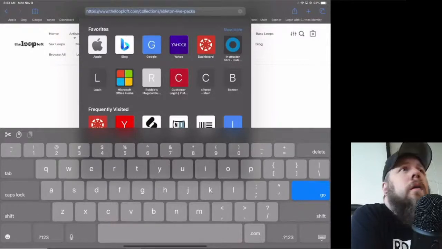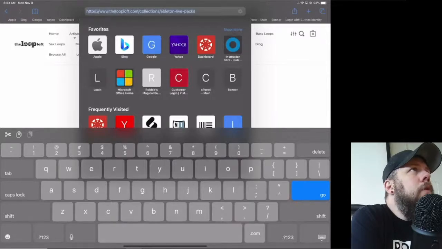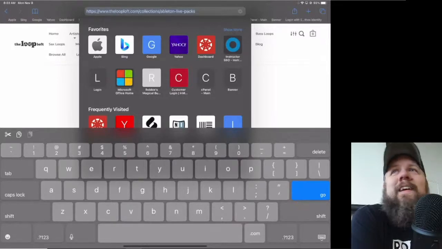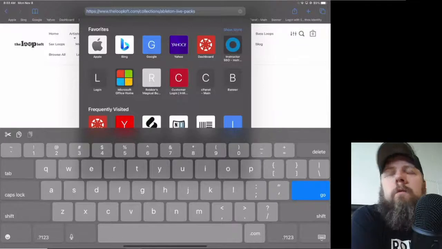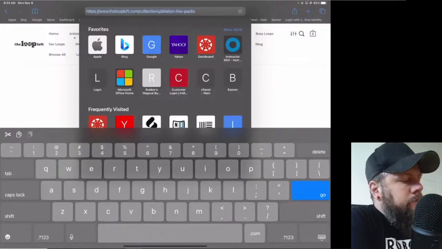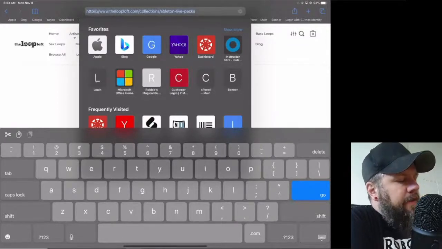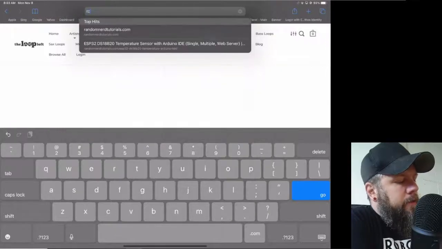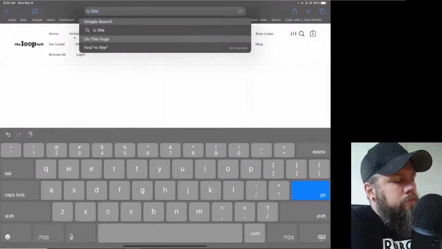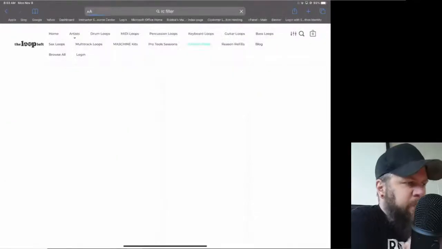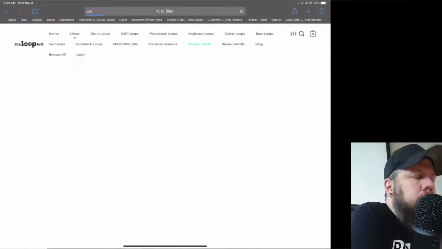I can then use that to turn around and Google more effectively, or smarter. So let's look up RC filter. Garbage.